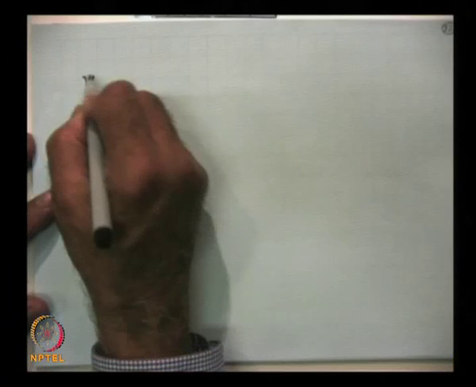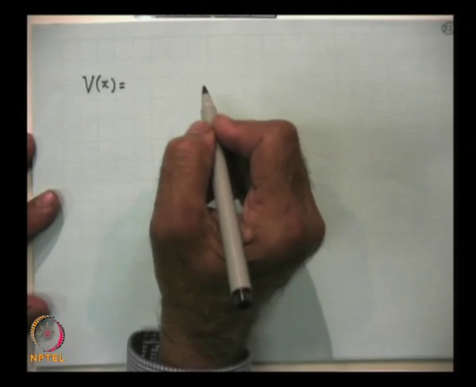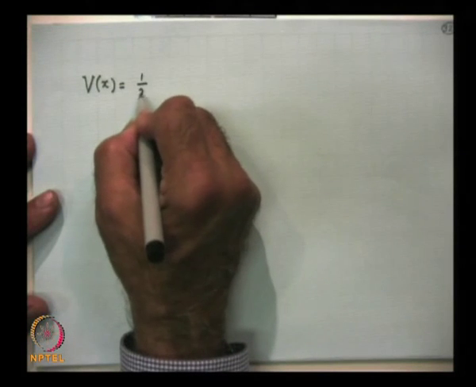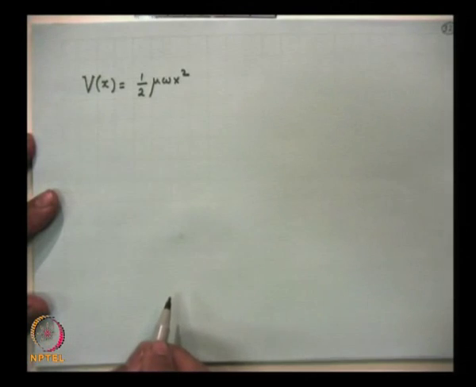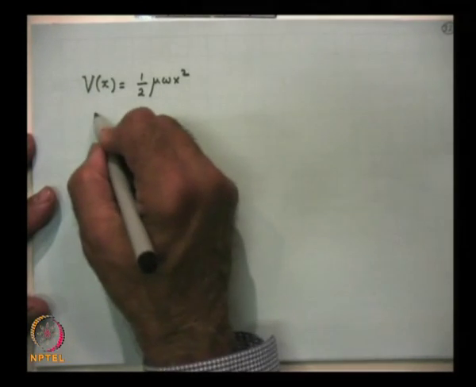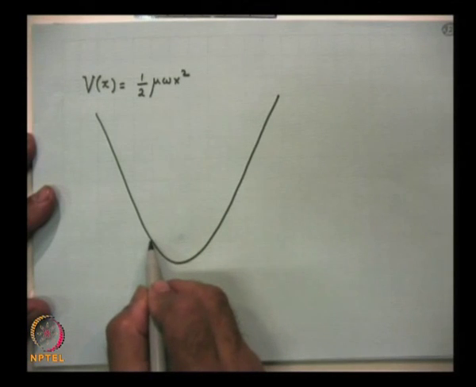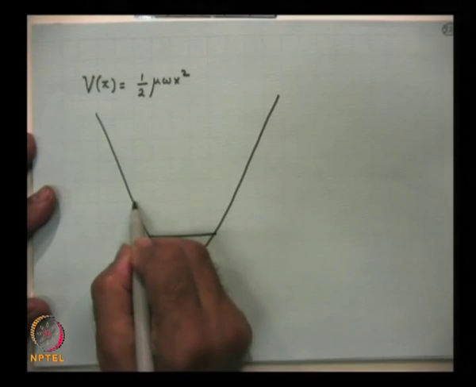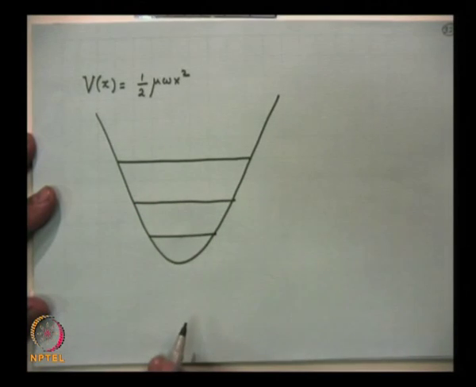For example, let us consider the linear harmonic oscillator problem, V of x, and the potential energy distribution is like this. So, we have a parabolic potential, and we had obtained these discrete eigenvalues.